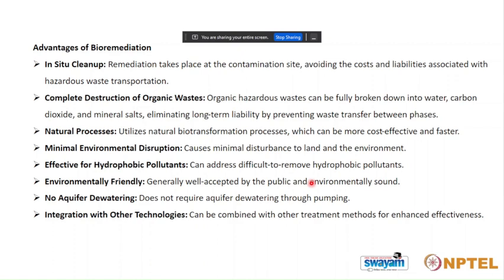So what are the advantages of bioremediation? Bioremediation can be used to directly remediate the contaminated site. So we can clean the wastes in situ, and organic wastes can be completely destroyed and converted into non-toxic forms like water, carbon dioxide, and other mineral salts.